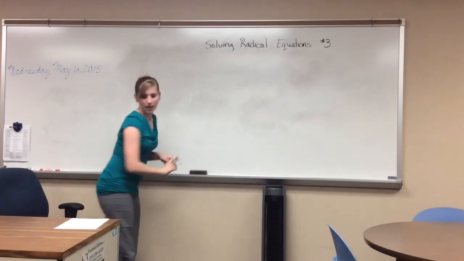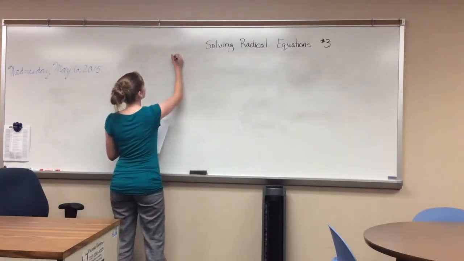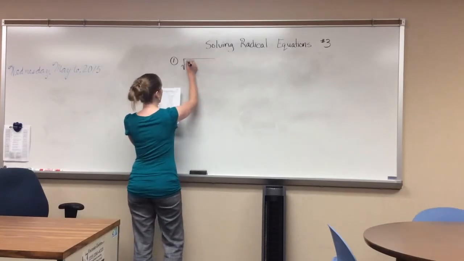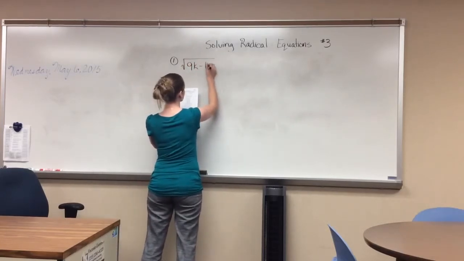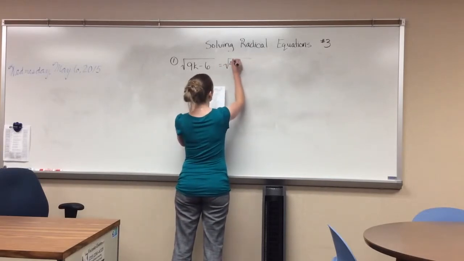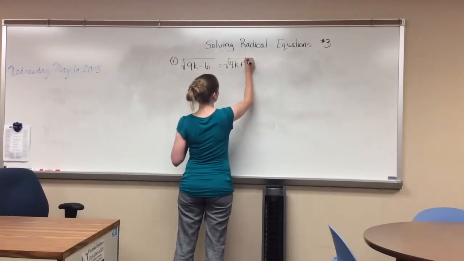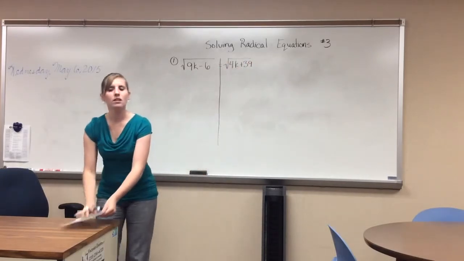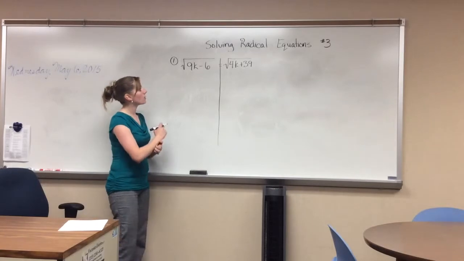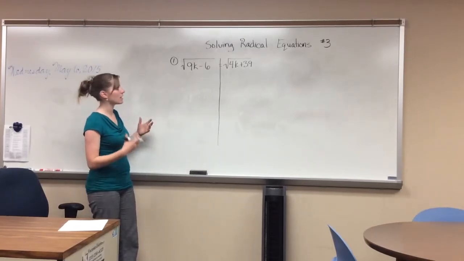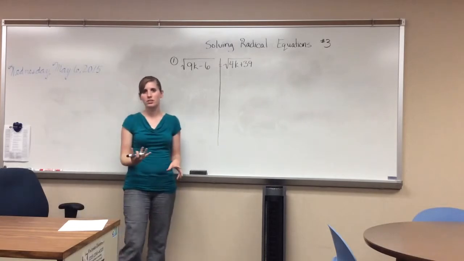From our video guide, number 1, we have the equation, the square root of 9k minus 6 equals the square root of 4k plus 39. Previously, we learned that we have to look outside of the square roots and cancel any number that's outside of the square root first.